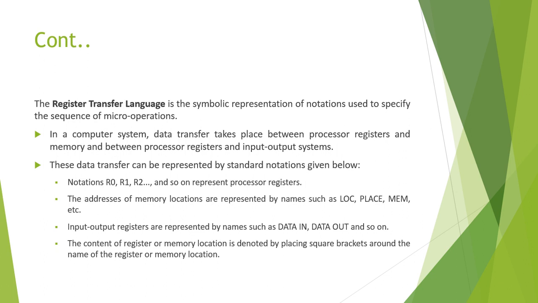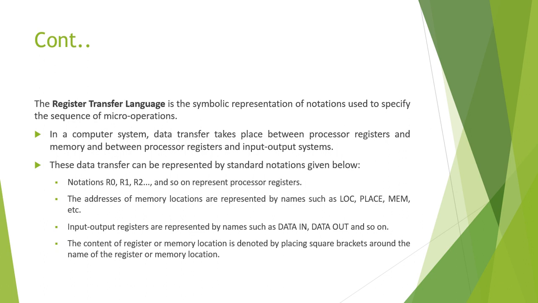So how does it work? In a computer system, data transfer takes place between processor registers and memory, and again between processor registers and input-output registers. Means the user-given data is transferred between processor registers, the memory unit, and the input-output system for execution. After execution, the result value is also transferred between those units.